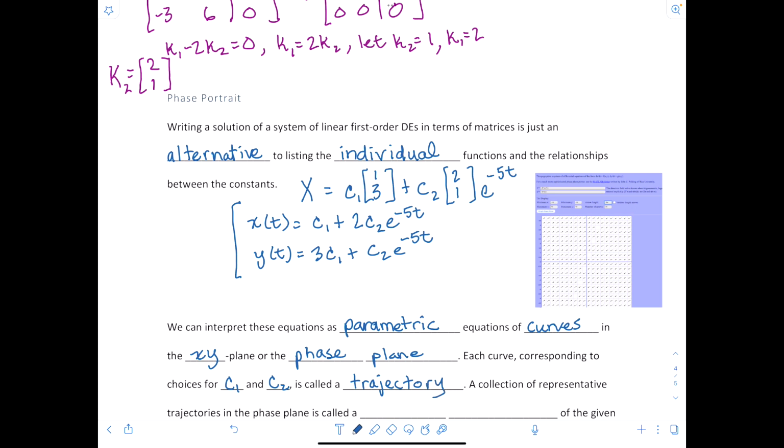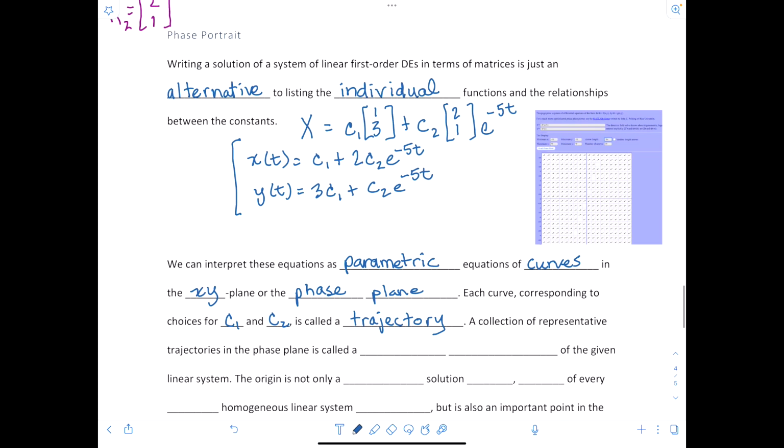And then a collection of representative trajectories in the phase plane is called a phase portrait. And so what you see here is a phase portrait of the given linear system.